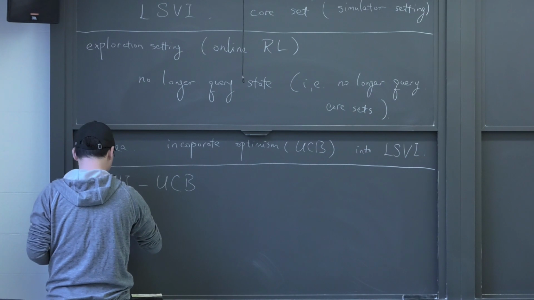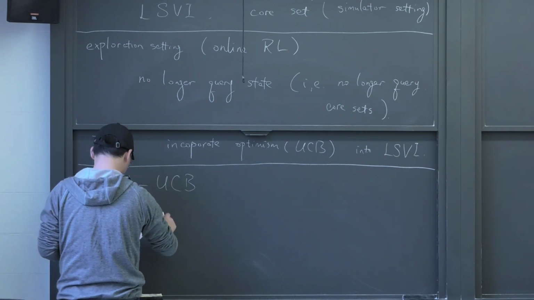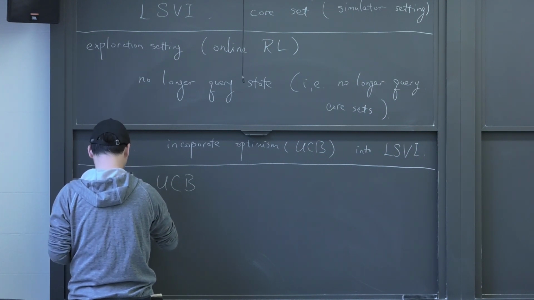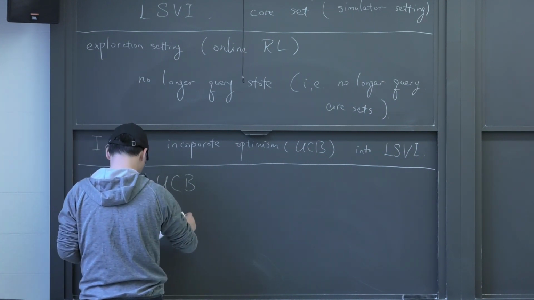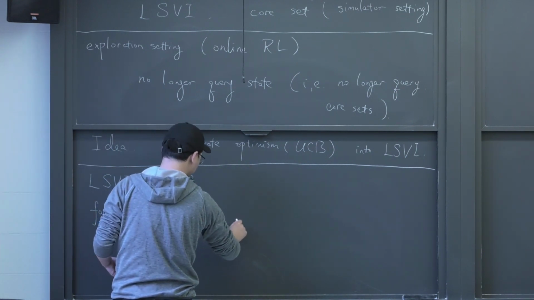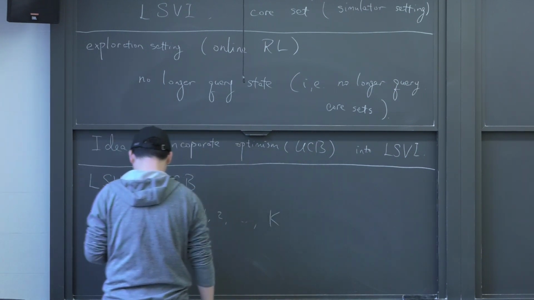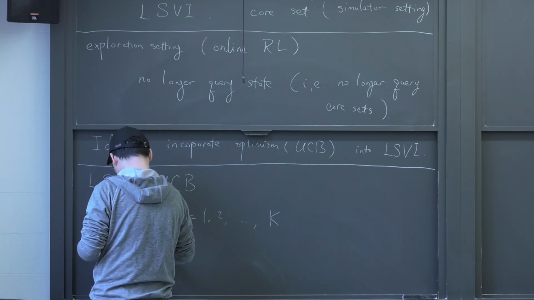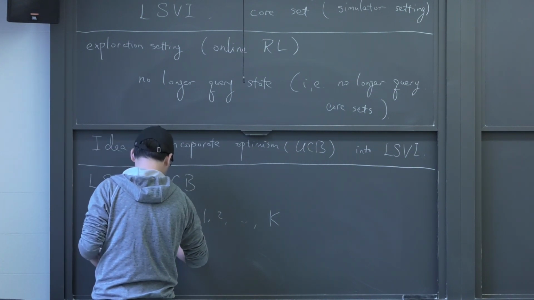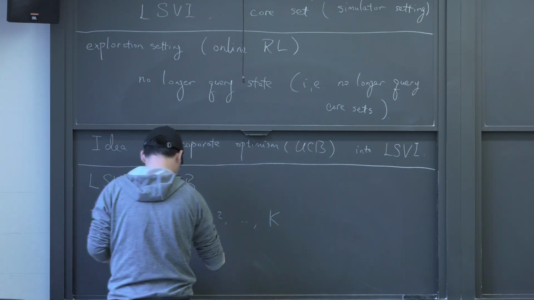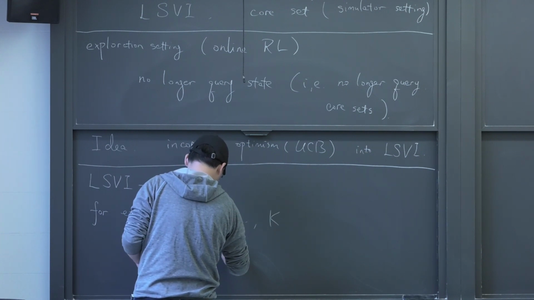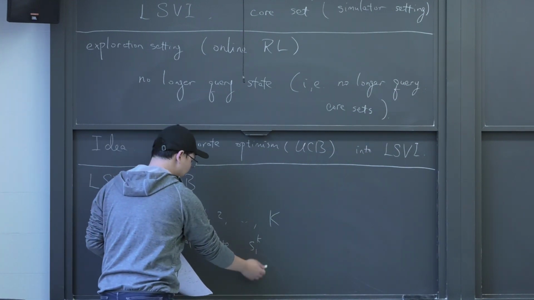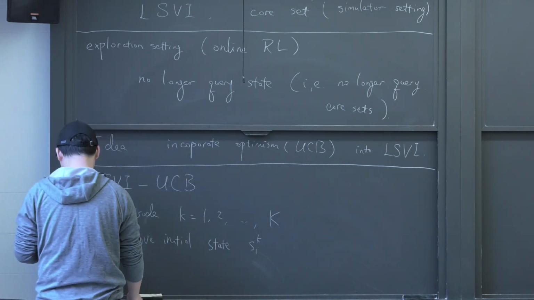So for episode k equal to 1, 2, to capital K, do the following: we receive the initial state s_1^k, that is, the state at the first step in the k-th episode.